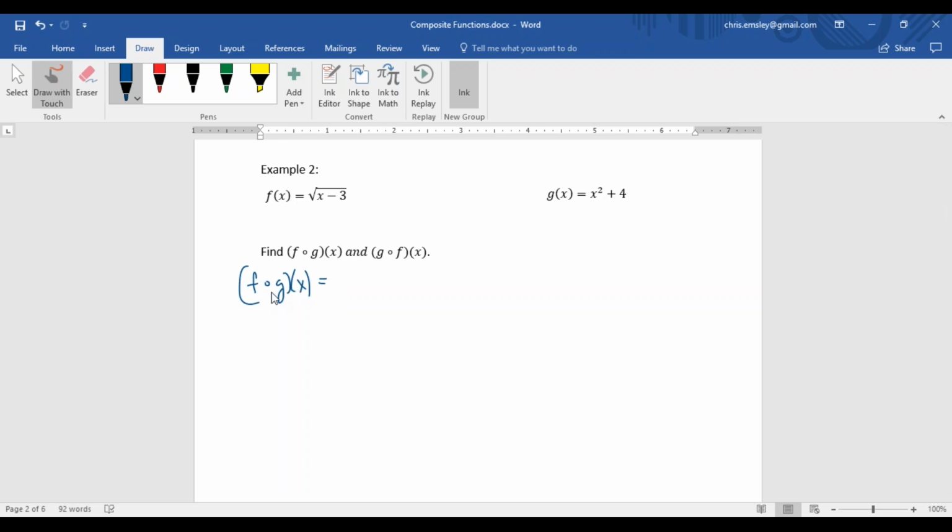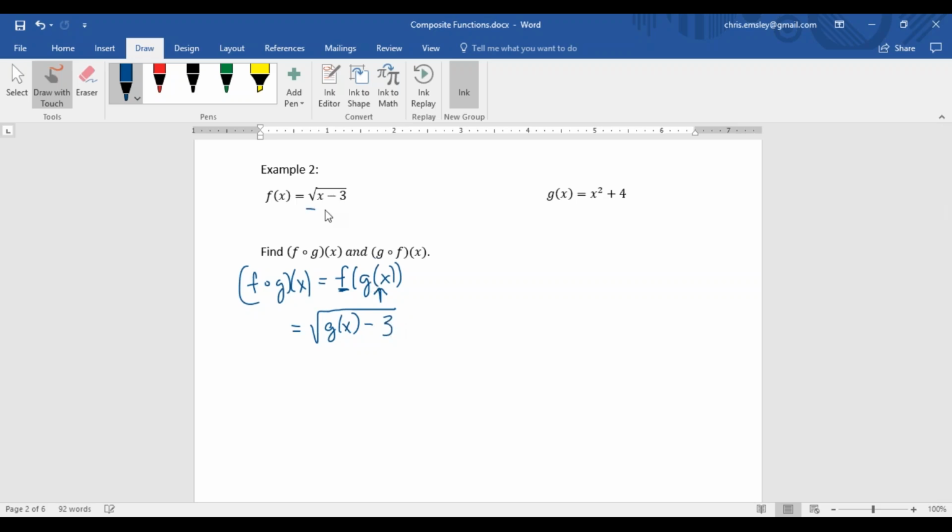And I always recommend writing out that definition. I think it's going to be easier if we write it out like this in our function notation. So this means we're going to look at the function f, and we're going to use g of x as its input. So our f says the square root of our input, which is g of x, minus 3.